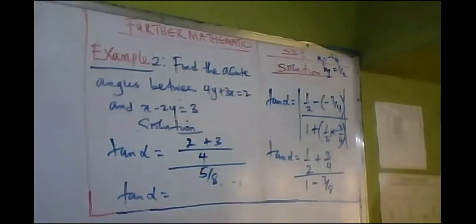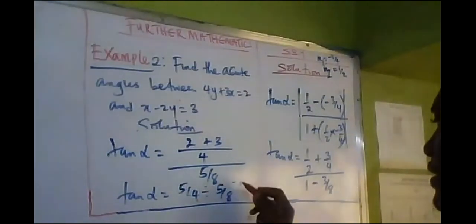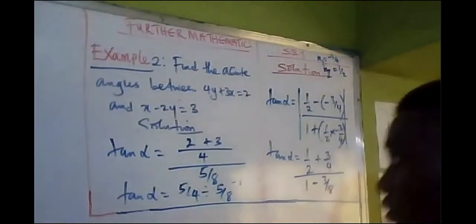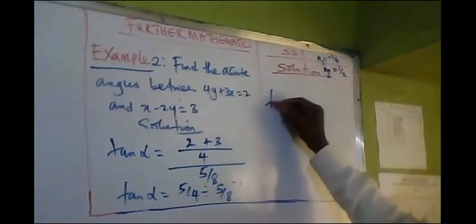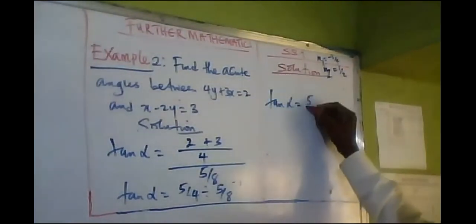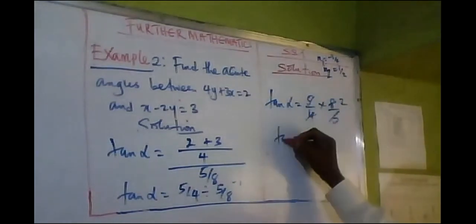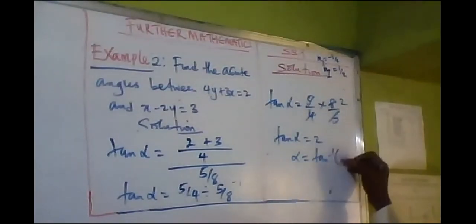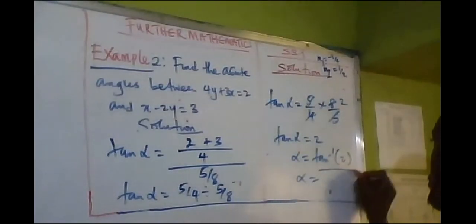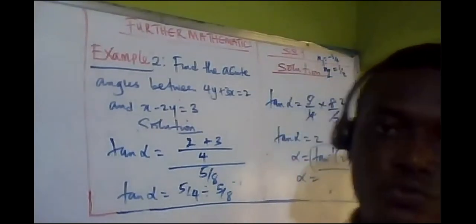So this will give us 5 over 4 divided by 5 over 8. And so tan alpha will now give us 5 over 4 times 8 over 5. So tan alpha is equal to 2. Alpha is equal to tan inverse of 2. Use your calculator to get tan inverse of 2 and you get the answer.